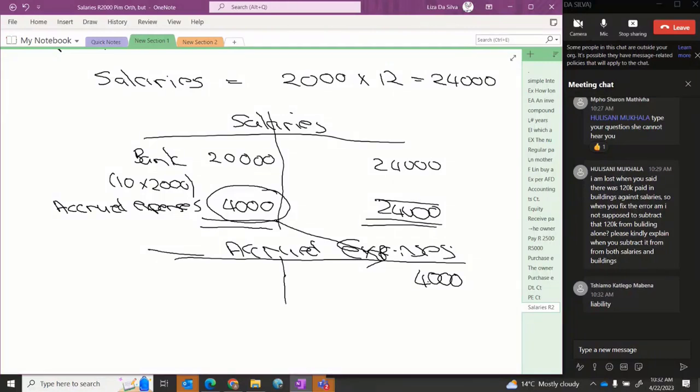So short-term liability. For me, that was the easiest way, because if you can see something is still, you owe something, but I never knew if it was a current liability or a current asset. But if you do it like this, you can see if it's going to the credit side, it should actually be accrued liability, because it's an expense that you still owe, that you still have to pay.